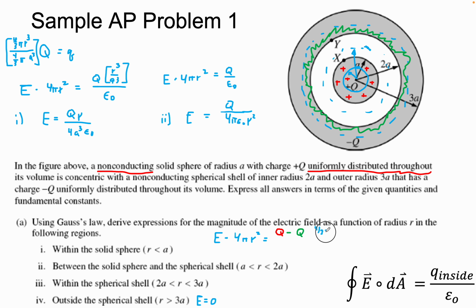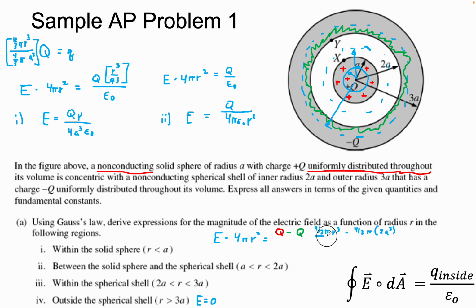It'll be 4/3 pi r cubed, which would be the volume of a sphere all the way out to this point, minus this empty space inside here. So minus 4/3 pi times 2a cubed. So that'll give me the volume of that green shaded area there.